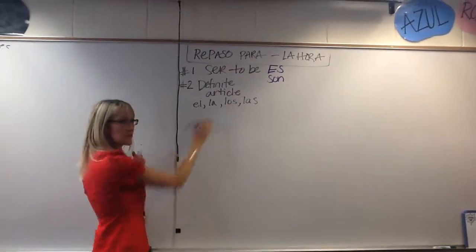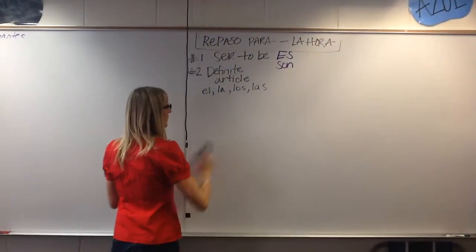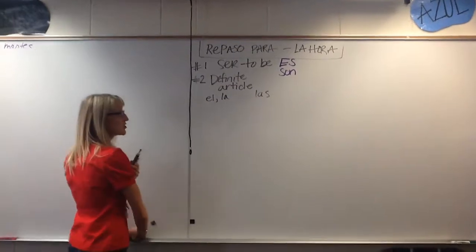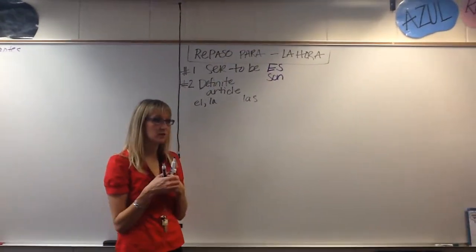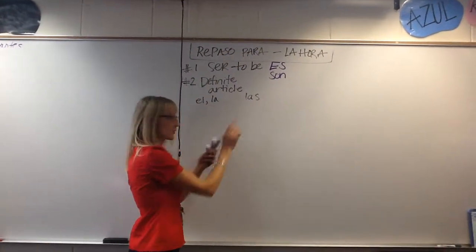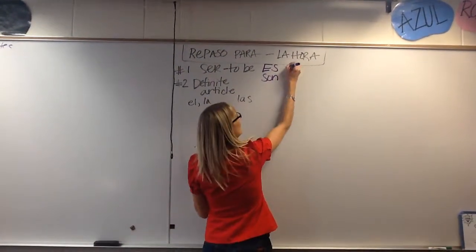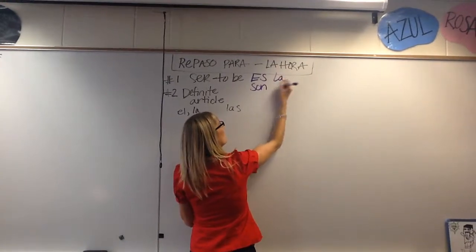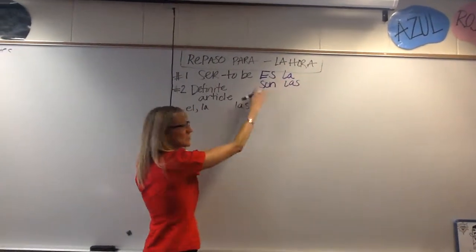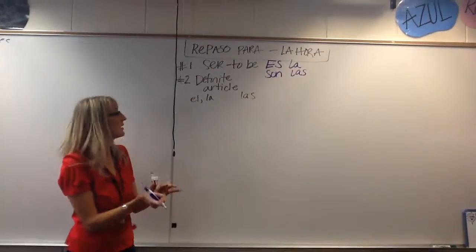Okay, are we ever going to use los for time? No, never. Okay? And in general, what are the two we're going to use? La or las, right? So you're always going to start all of your time things with either es la or son las. Es la or son las. Yes? Todo bien? Okay.